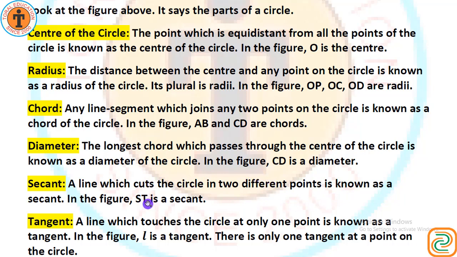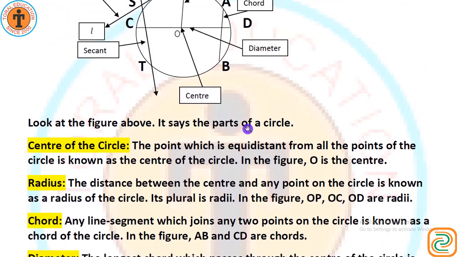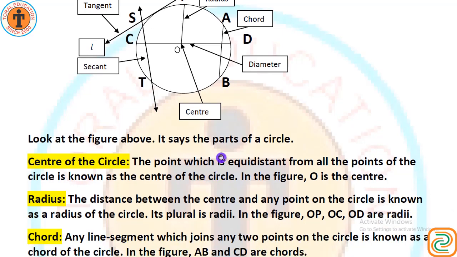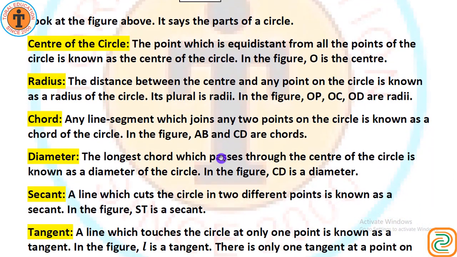Here ST is a secant. Look at this. This is line ST. S is the point on the circle, T is the point on the circle, and the line ST passes through both the points of the circle. Therefore, ST is a secant.